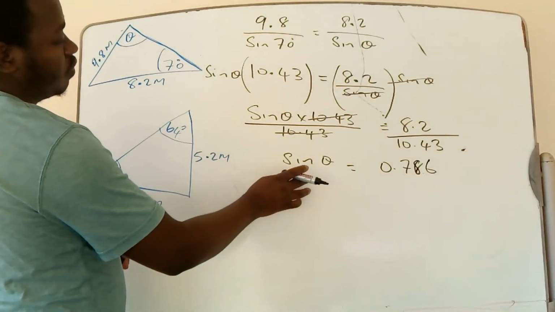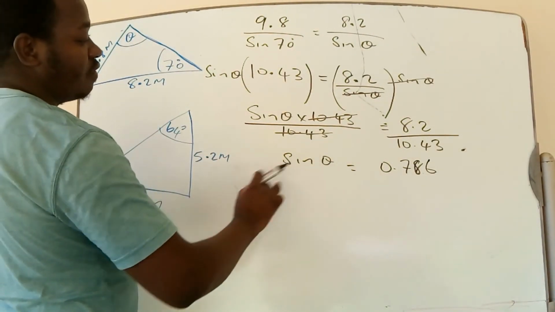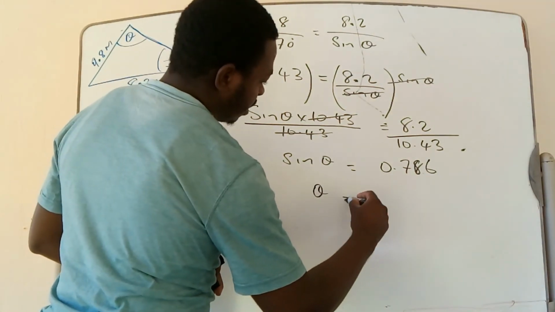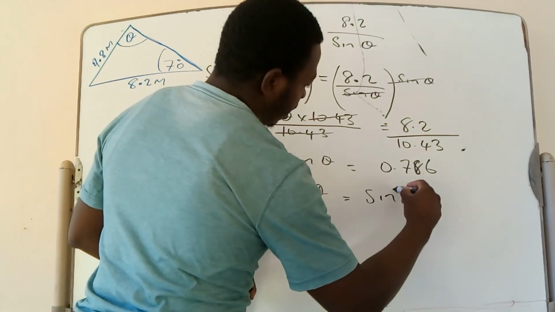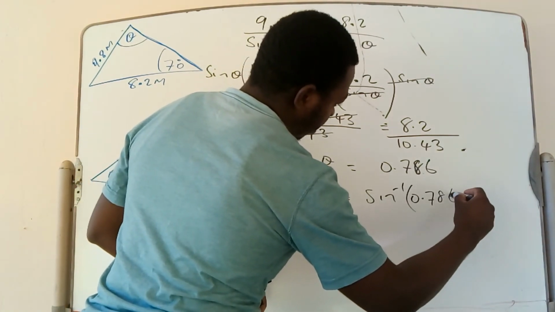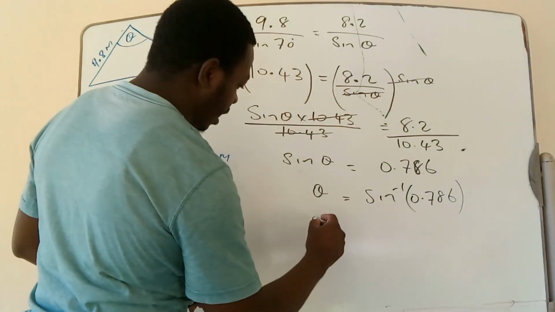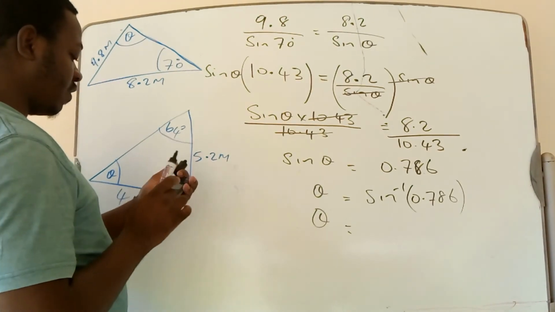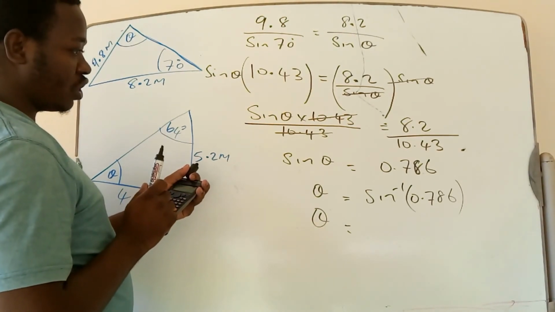What are you going to do to find the angle theta? Take sine inverse of both sides. So if you take sine inverse of this side, you're left with theta is equal to sine inverse of 0.786. All you need to do is put that on your calculator and you're finished. Press shift sine and the inverse function will come up.